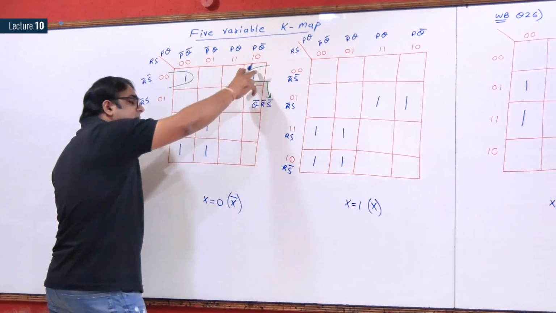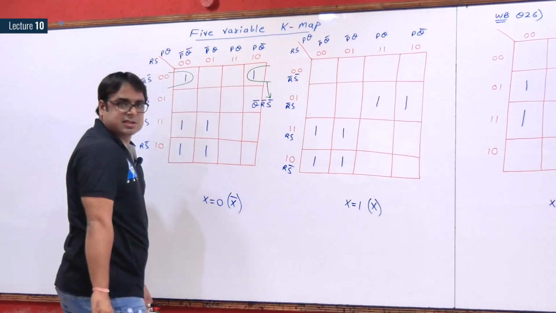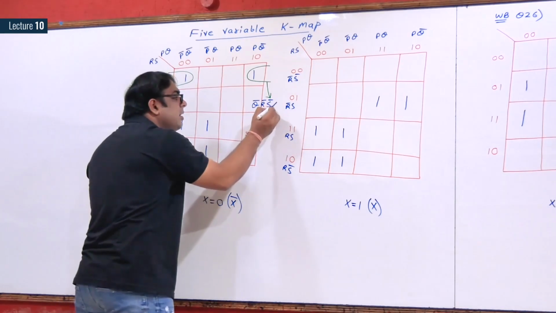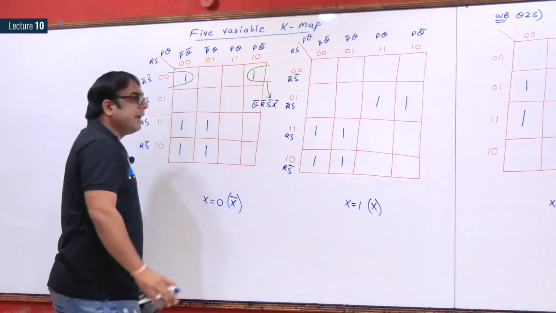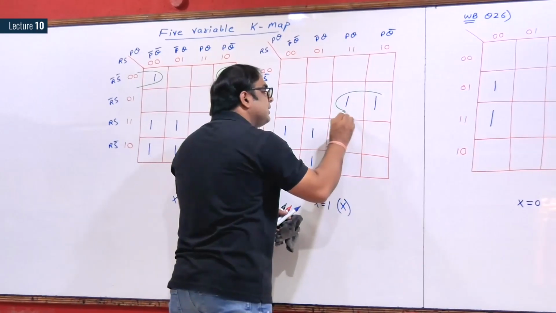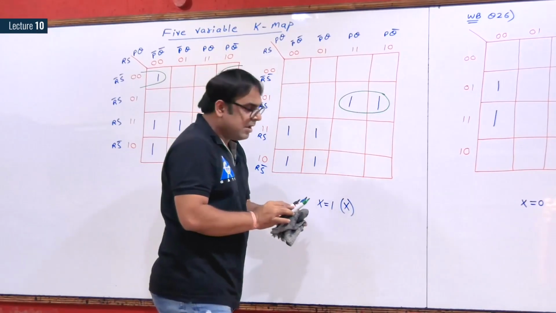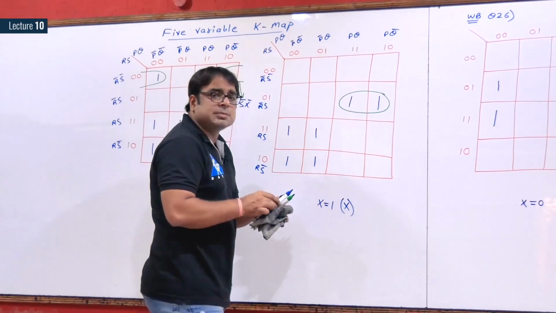This pair corresponds to X complement and not to X. So the last term will be X complement. In the same way, please see here: this group is associated with normal x.